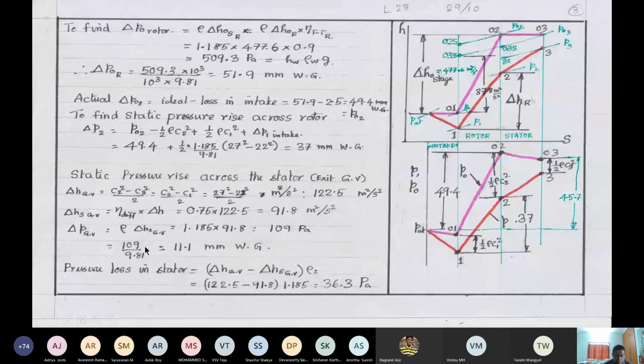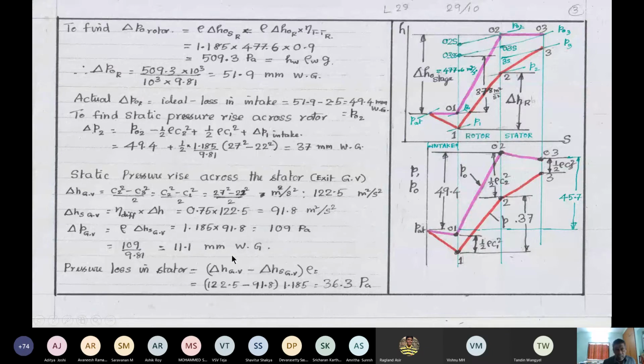That can be converted to millimeters of water gauge: Pascals divided by 9.81 will give you millimeters of water column.